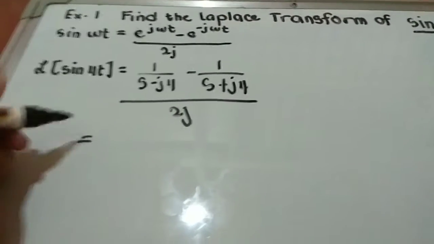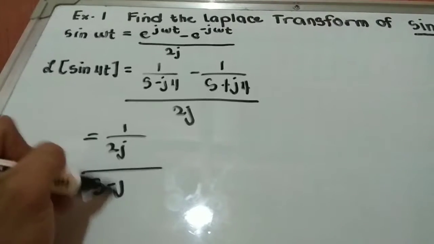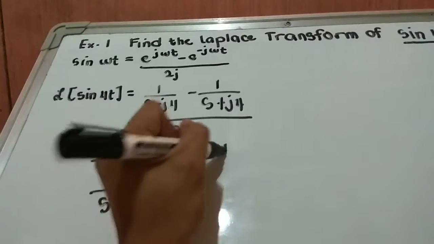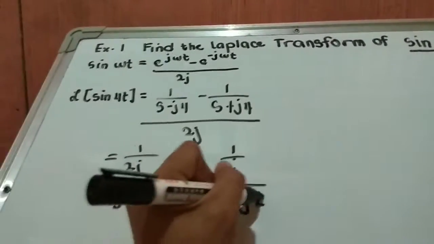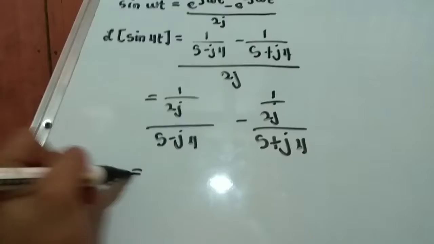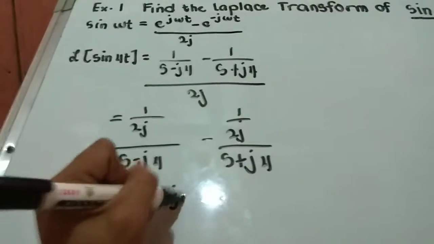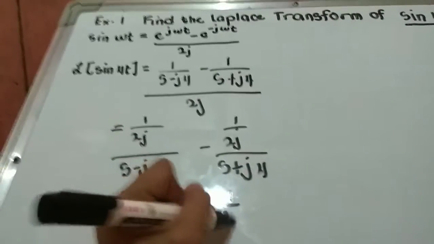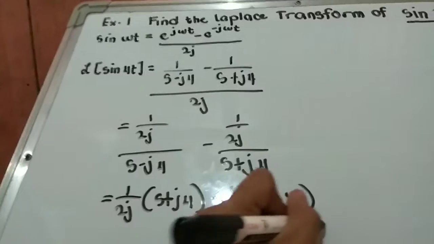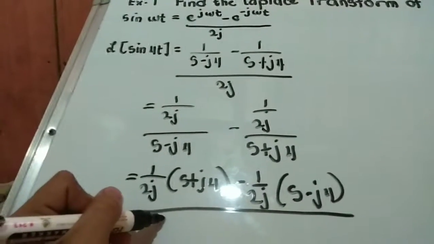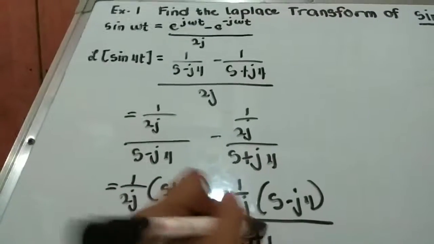Reciprocate the values, so 1 over 2j over s minus j4 minus 1 over 2j over s plus j4. Cross multiply, 1 over 2j times s plus j4 minus 1 over 2j times s minus j4, all over the product of the denominators s minus j4 and s plus j4.